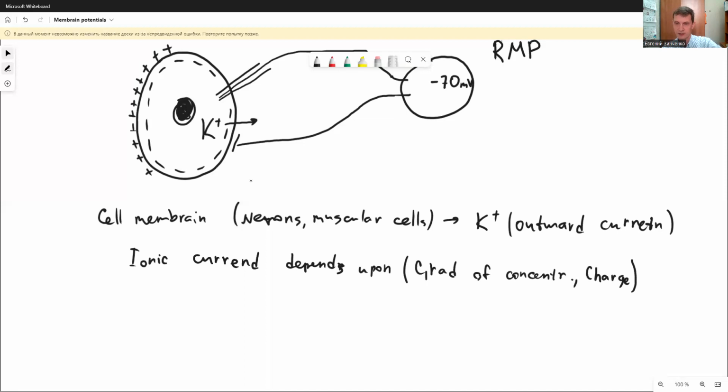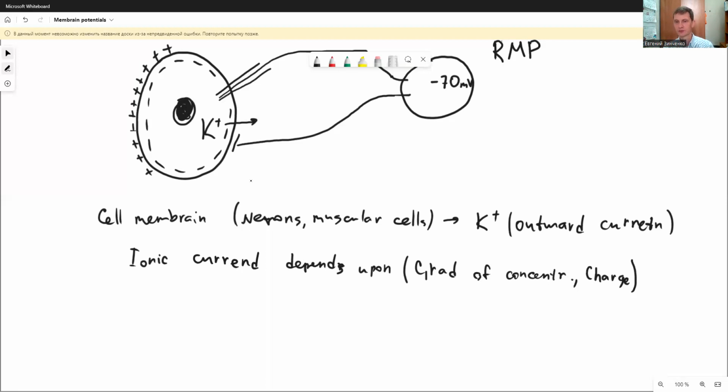Because an ion is a charged unit, under the action of an electrical field it tries to move in a specific direction. Positively charged ions try to move in the direction of the negative charge, and ions of the opposite charge move in the opposite direction, attracted by the positive charge.